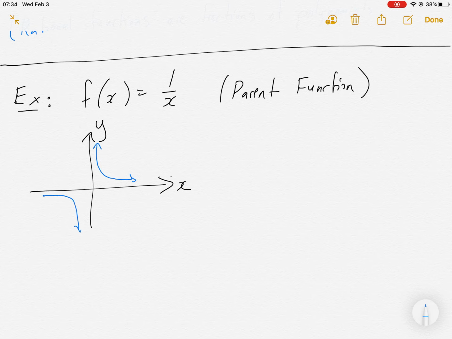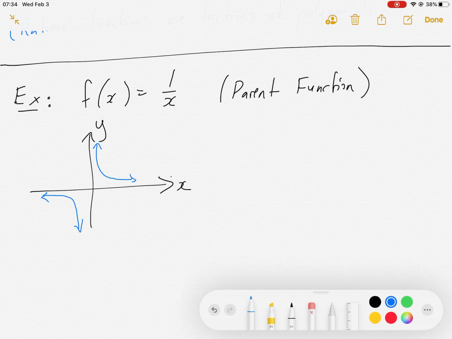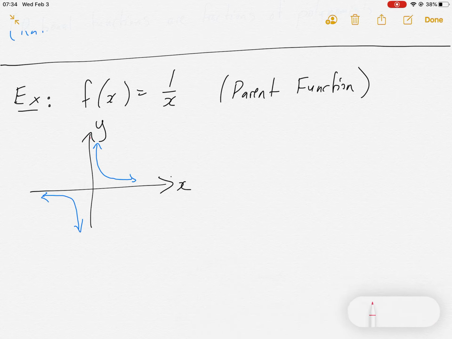So if you're ever asked to graph a rational function, it most often will look something like this. Notice that it never really comes into contact with the y-axis, and it never really comes in contact with the x-axis. These have a special name. These are called asymptotes, or you can think of them as sort of boundaries for the function.